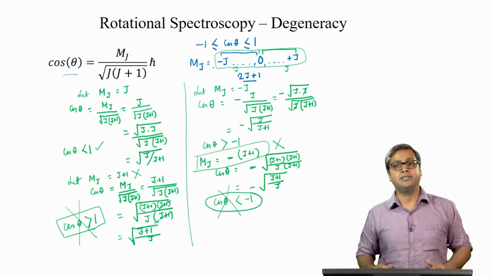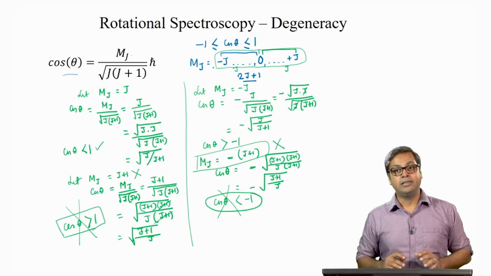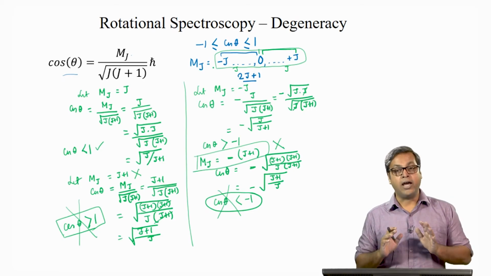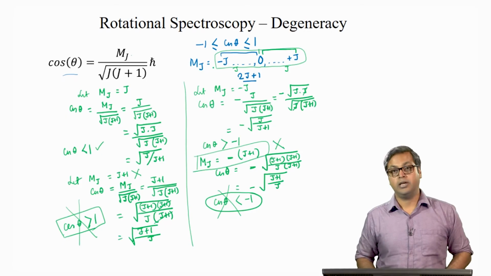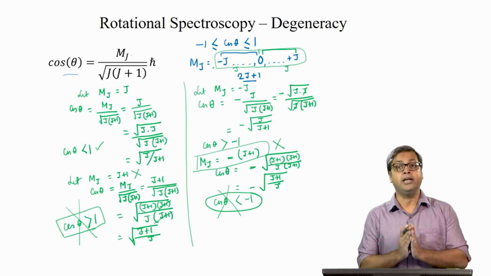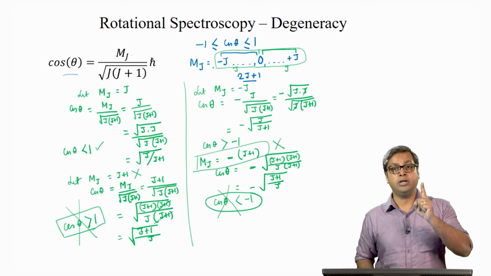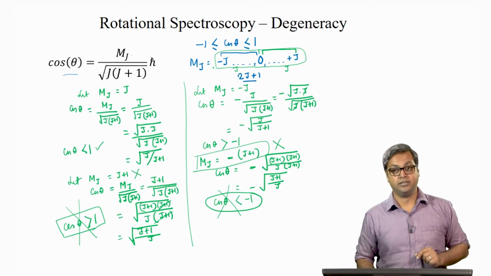So, what does this result imply? This implies that the angular momentum vector cannot be perfectly aligned to that arbitrary laboratory axis or the z axis.